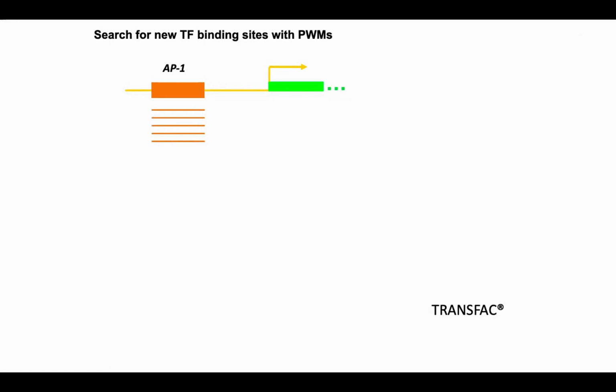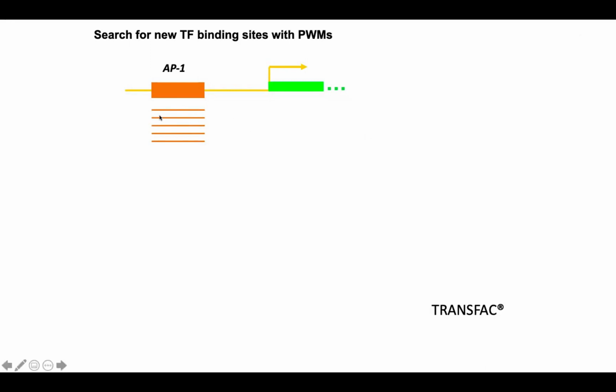So let's say there is the AP1 transcription factor, and we go through the literature and find binding sites which are revealed by experiments, various types of experiments in various species, human, mouse, and rat.